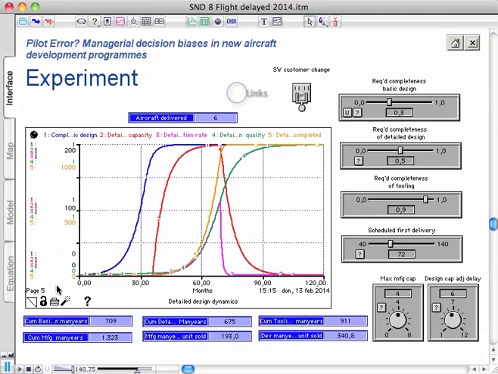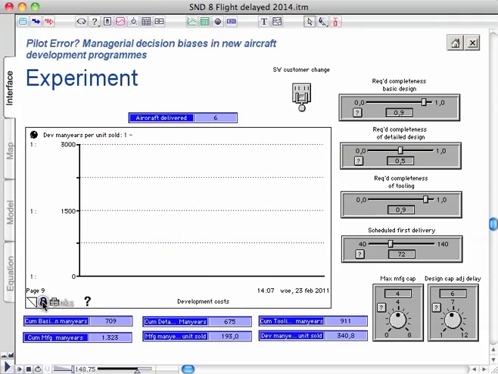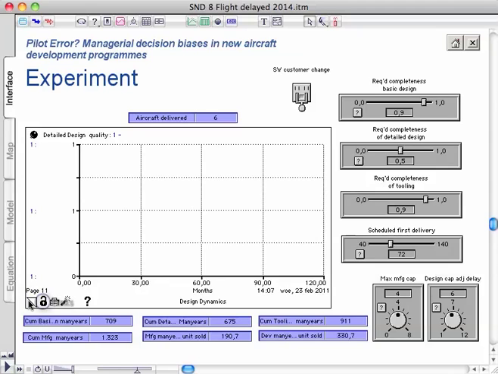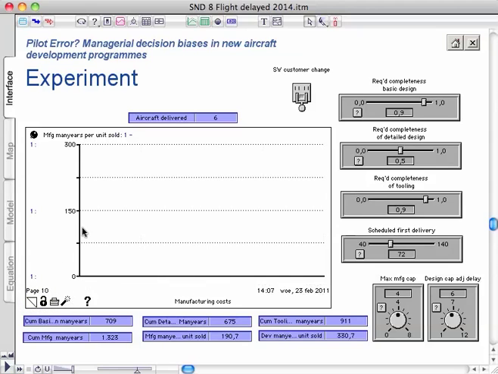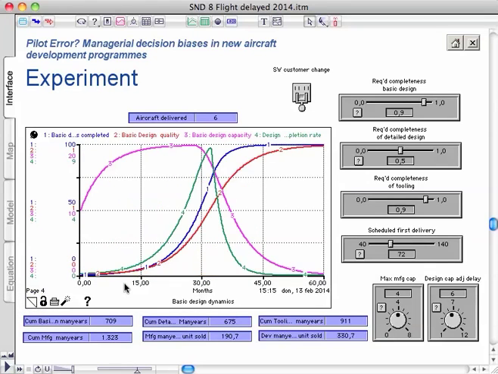Wait a minute, before I do that, I probably first open up some of the graphs further down that can compare between various stages, because by default I have them closed. And let's now go back to the original chart up here. Okay, now I bring this back to 0.9.